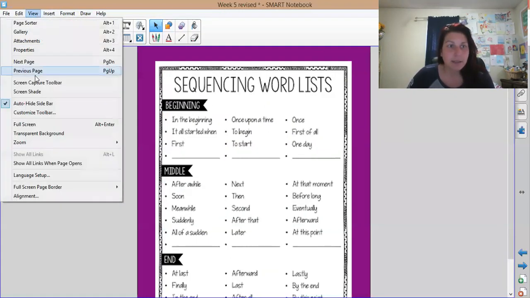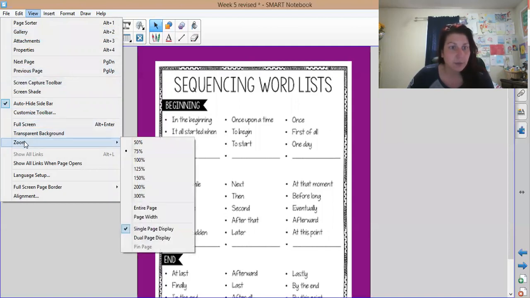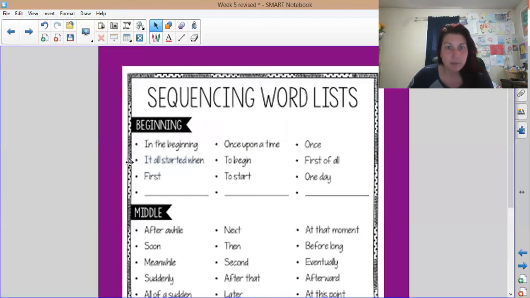Let me see if I can make this a little bit bigger for you. Zoom, zoom, zoom. Okay, so at the beginning, usually what we've been reading is fiction, and a lot of this you can use these different phrases when you are writing, okay? When you're doing a reader response, a reflection, doing stop and jots, any of these would be a good version to use, okay?